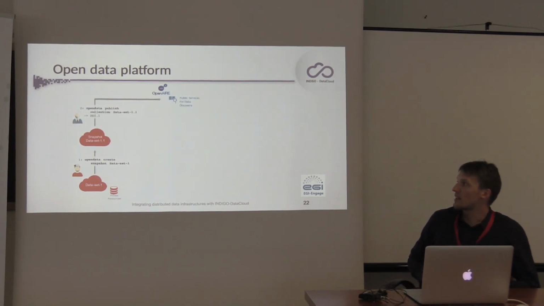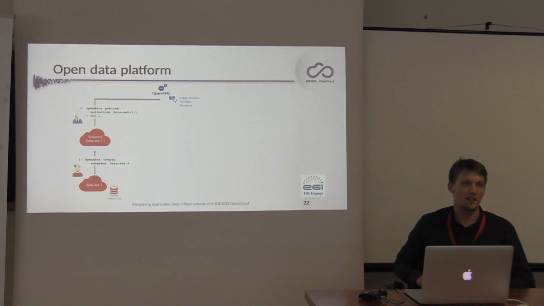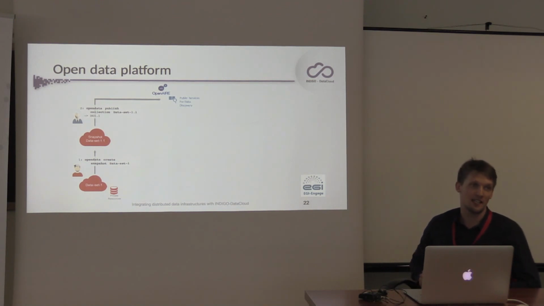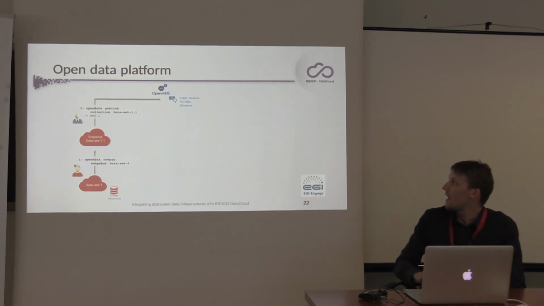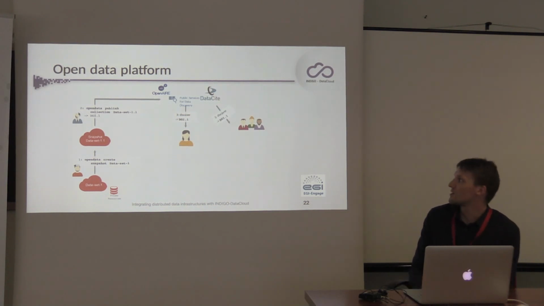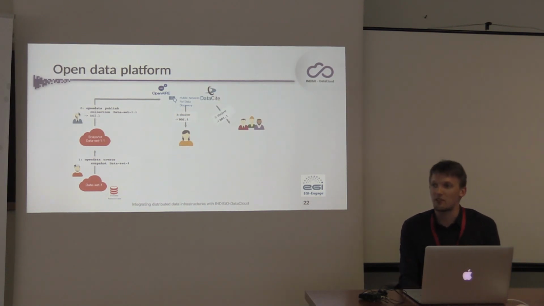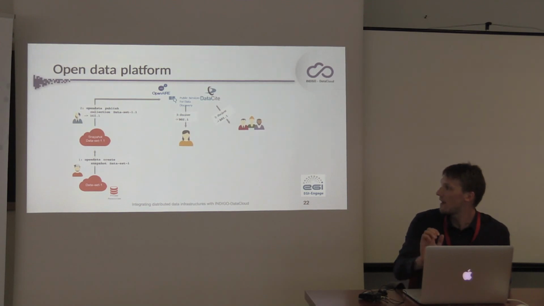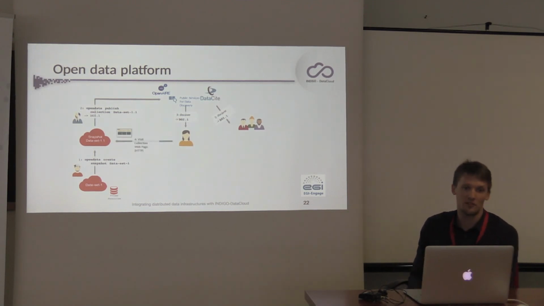Then the collection can be published with a DOI by a service that assigns DOIs and put in public services for data discovery, like, for example, Dataset. A user can discover the data through DOIs and access them under a permanent link.